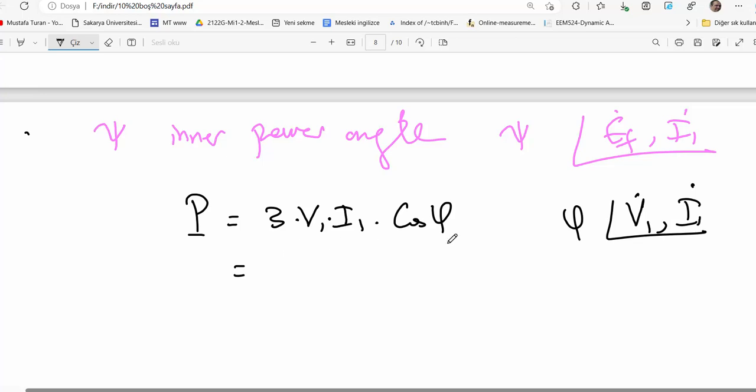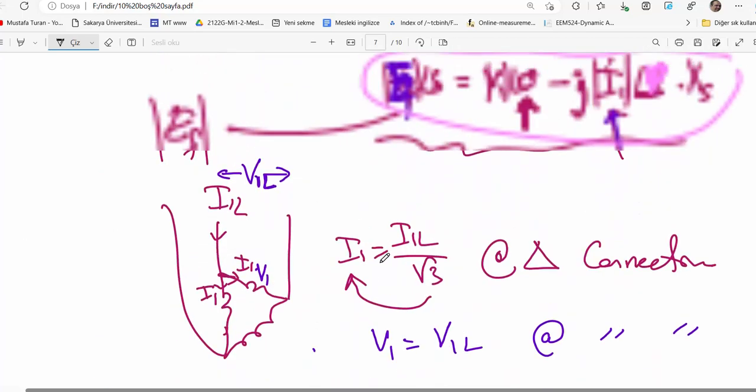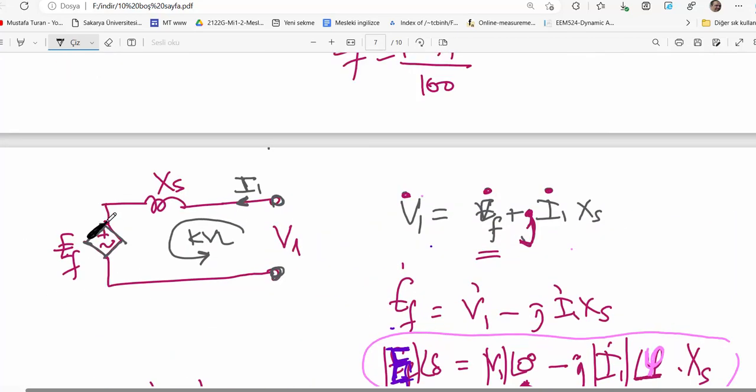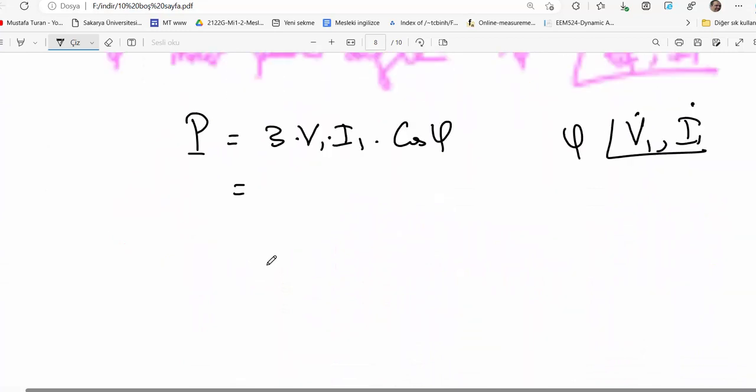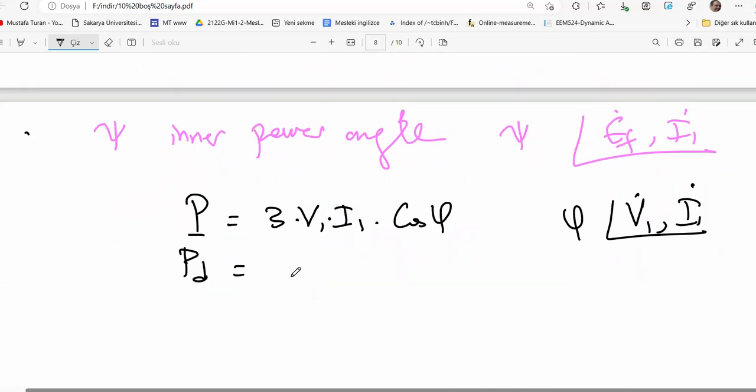The element, here's the equivalent circuit. Inner power or induced power, PD, induced converted on these elements, can easily be written as PD 3 times voltage, current, and a cosine of angle between those two vectors, which is psi.